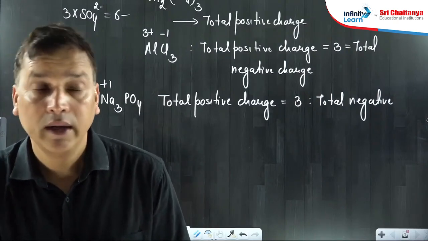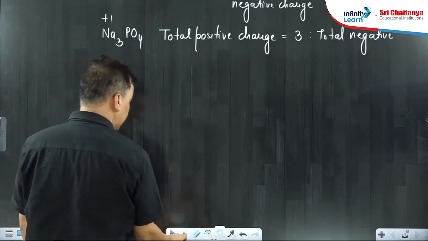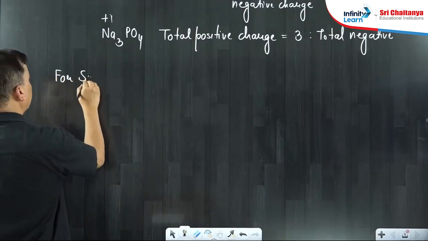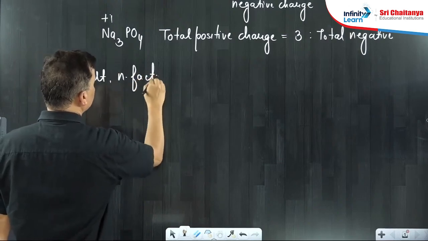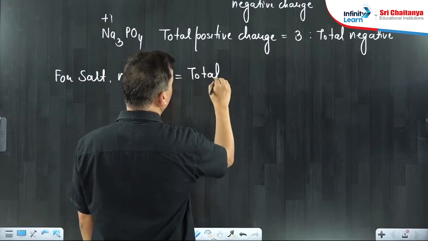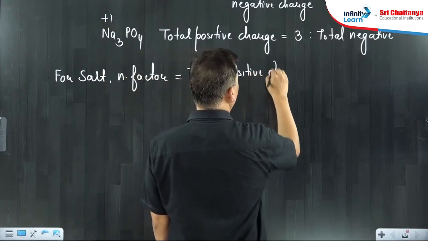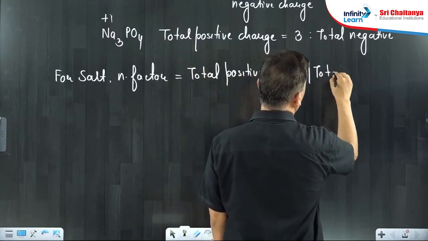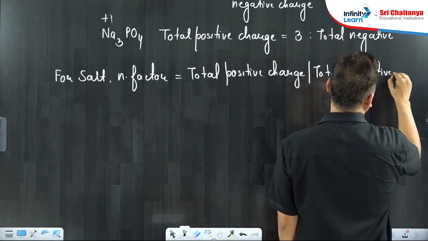For a salt, the n factor is equal to the total positive charge or the total negative charge.